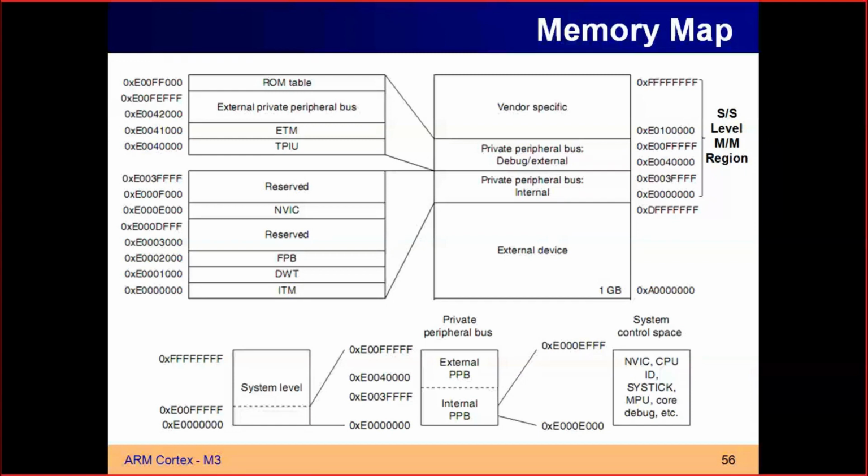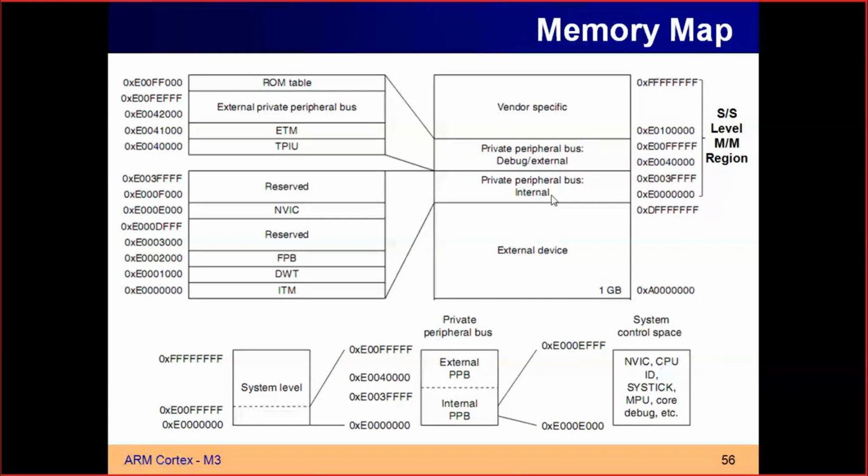FPB means flash patch and breakpoint units. DWT means data watchpoint and trace. ITM means instrumentation trace macrocell.